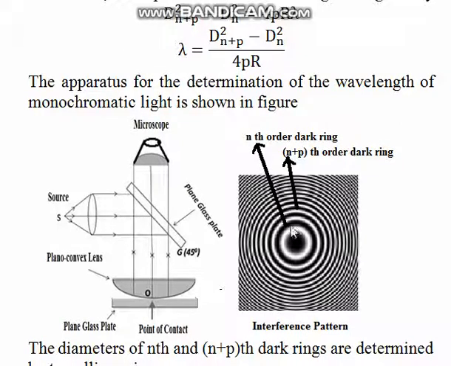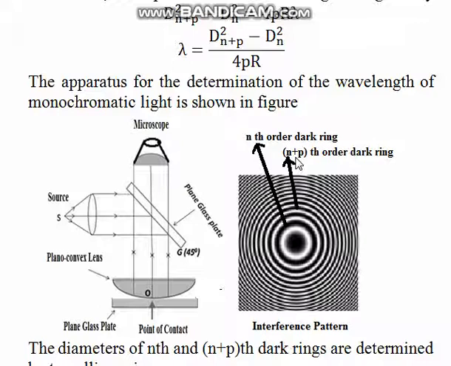Here I take this dark ring, and let the order of this dark ring be n. Now let's take another higher order dark ring, and its order is n plus p, where p is the gap of order between these two dark rings.